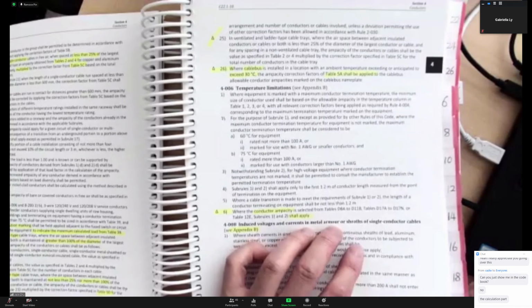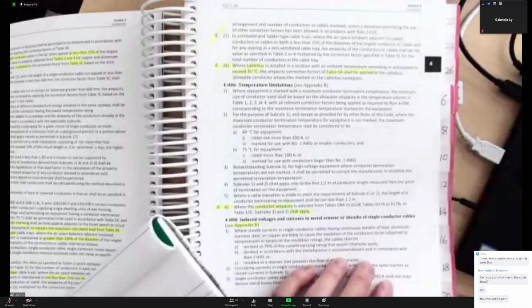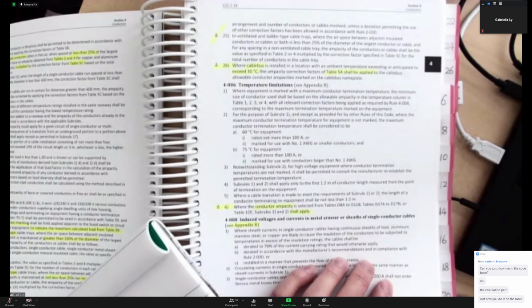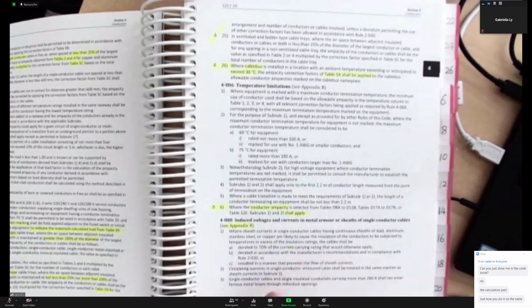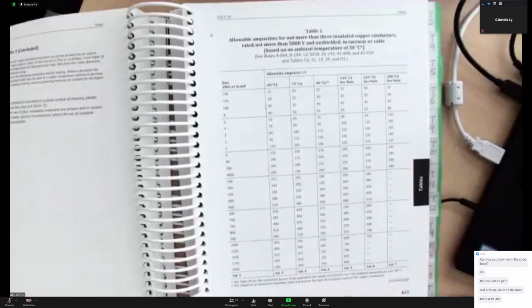The calculation part in the code book, the calculation part. That's the table.